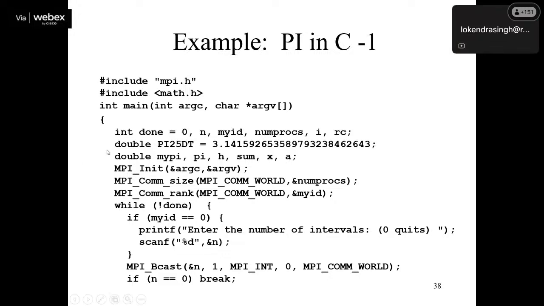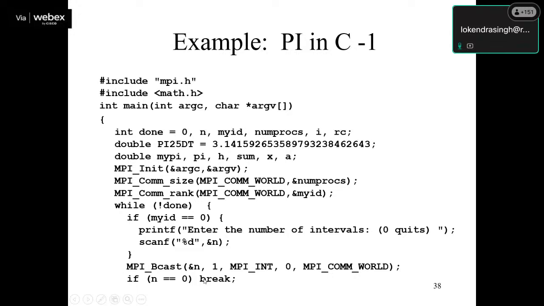Here in the program you can see we are using MPI_COMM_WORLD and the number of processes. MPI_COMM_WORLD means how many processes there are, so it is talking about the communicator. Maybe 8, maybe 10. Then the rank, which is generated from 0 onwards.